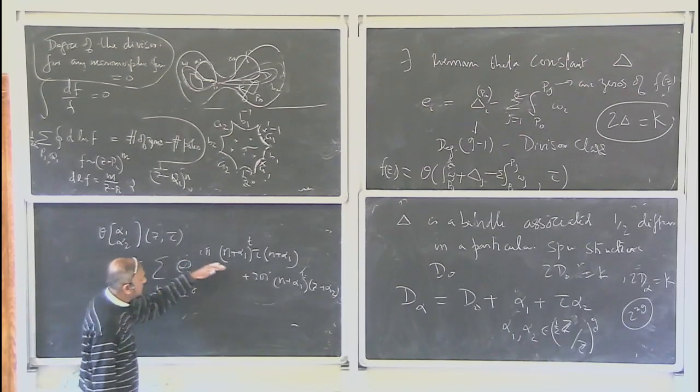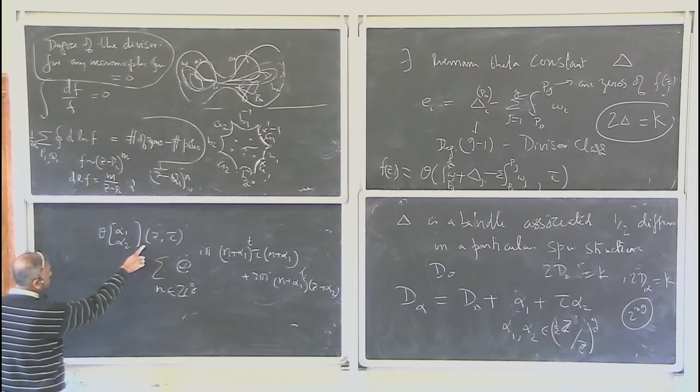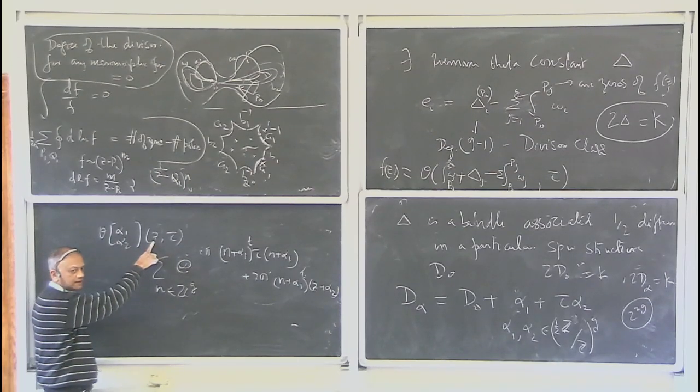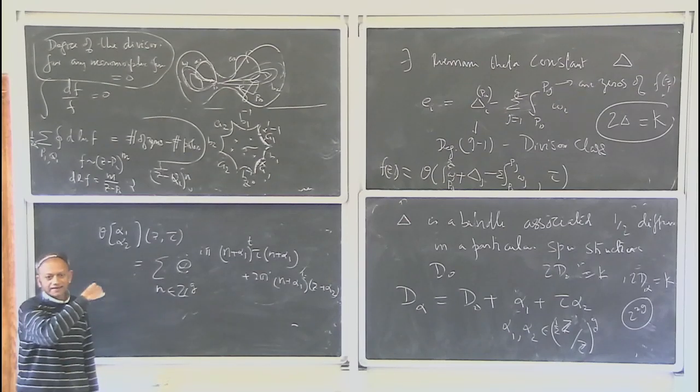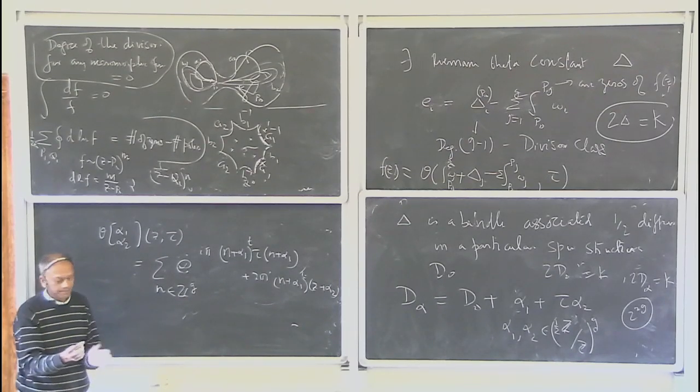And now from here we can easily derive that for some choices of alphas, this function will be an odd function of z, and in other cases it will be an even function of z. So you can separate them into even and odd.